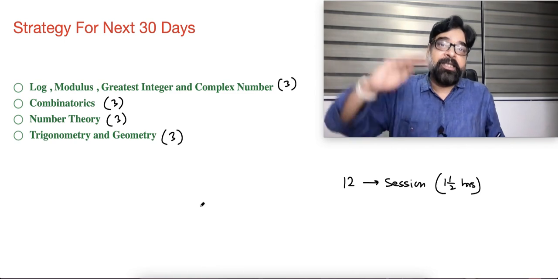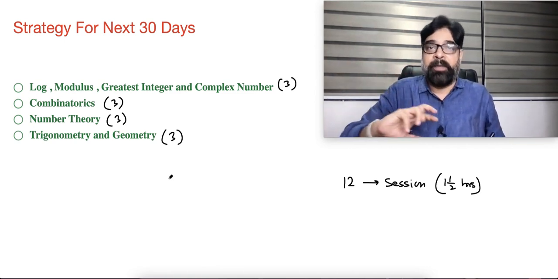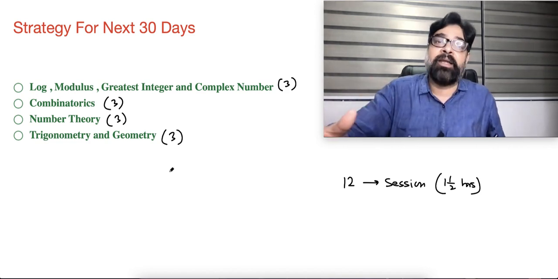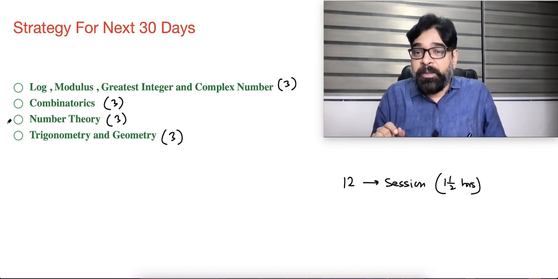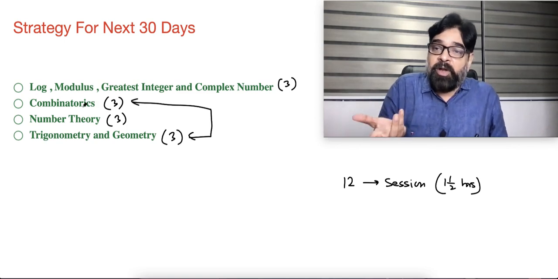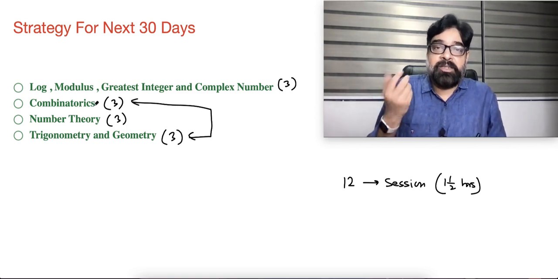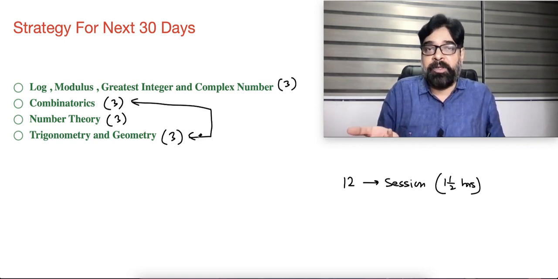But if they increase combinatorics, they will decrease geometry. So these two, they used to play around. The last 10-year pattern shows that. So I wanted to give equal importance to these two. If you are fond of combinatorics, this will give you it. If you are fond of geometry, this will give you it.